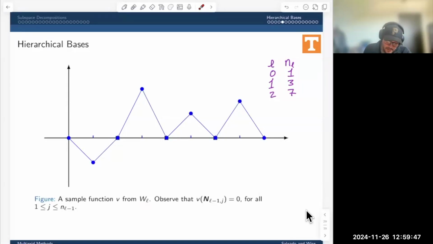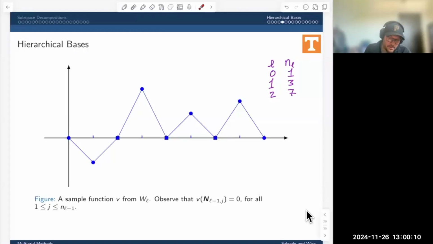And the idea of WL is that it's a space of finite element functions where every other degree of freedom is basically canceled out. In particular, the degrees of freedom that we nullify are all of the degrees of freedom that appeared in the mesh at the level below.